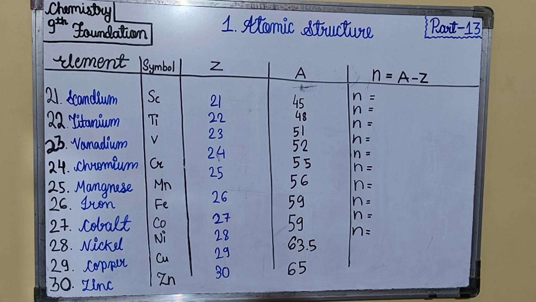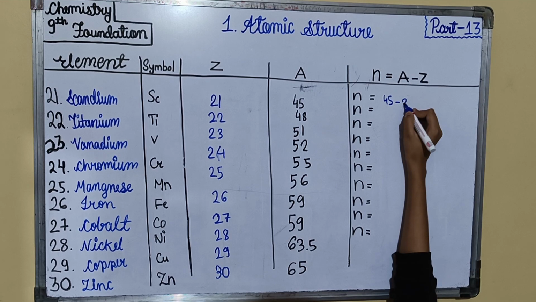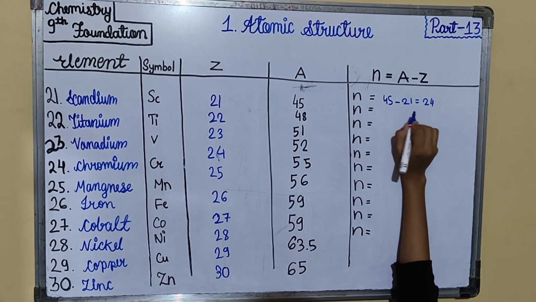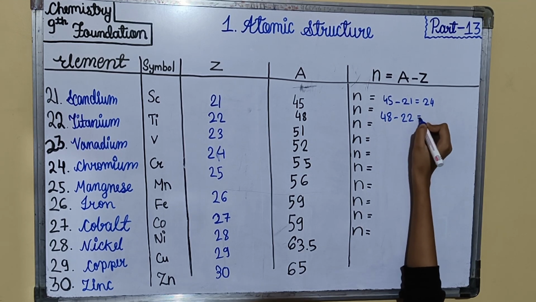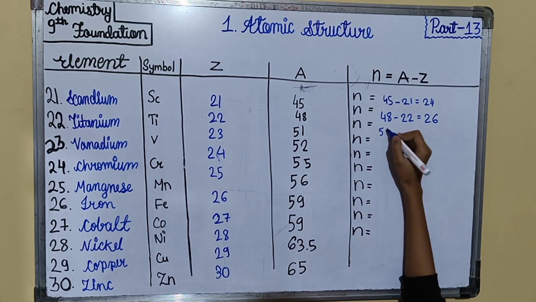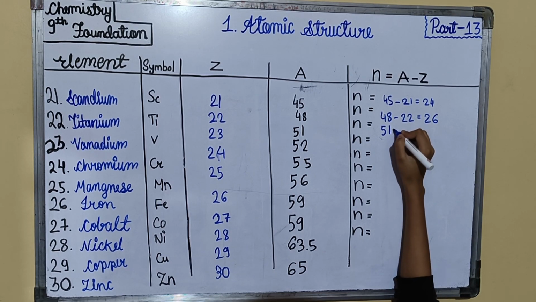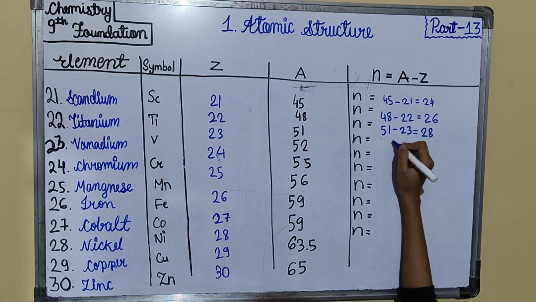Now the neutron number of scandium is 45 minus 21, that is 24. Titanium is 48 minus 22, that is 26. Vanadium is 51 minus 23, that is 28.